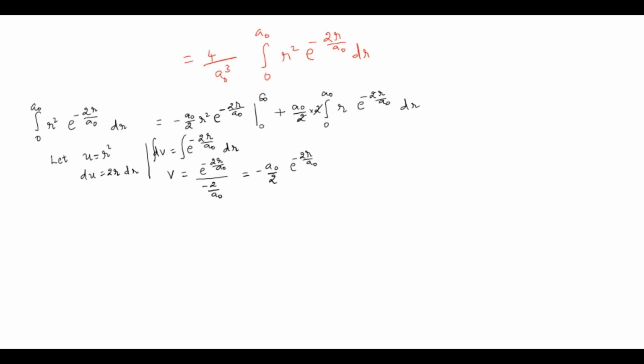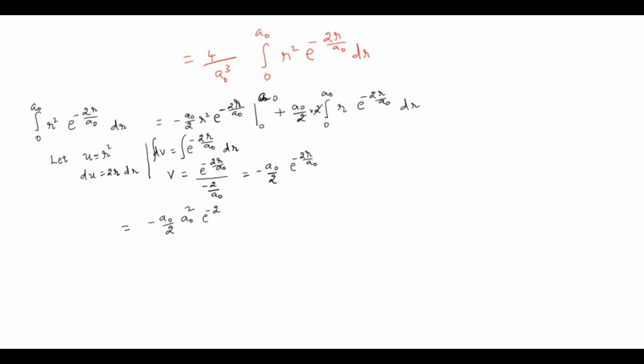So therefore this is minus a naught by 2, and when I substitute the upper limit, it is simply a naught square e power minus 2, because when I substitute for r, there will be a naught, and the denominator also a naught, so it becomes 1. So e power minus 2.